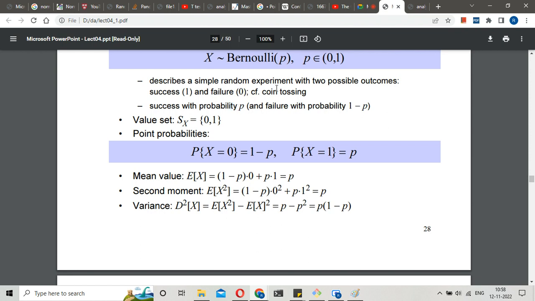A classic example is coin tossing, where the probability of success and failure is 0.5 and 0.5. When you have two outcomes, you call it a Bernoulli distributed event.